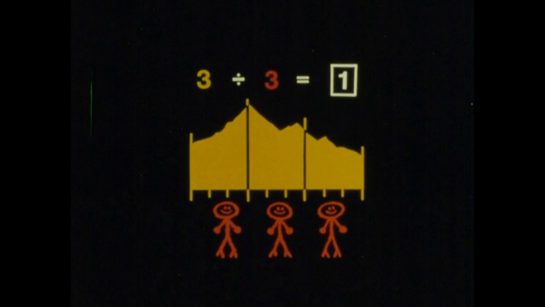What about a number divided by 1? How many 1s are there in 3? 3. And while we're talking about low numbers, what about 0? What is the quotient of 0 divided by 3?